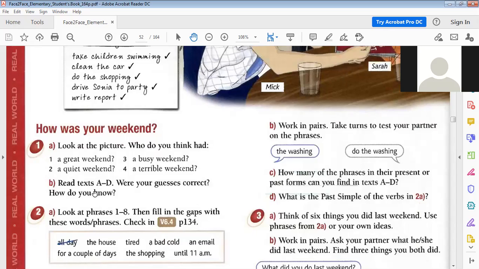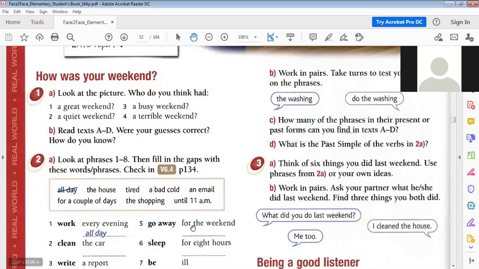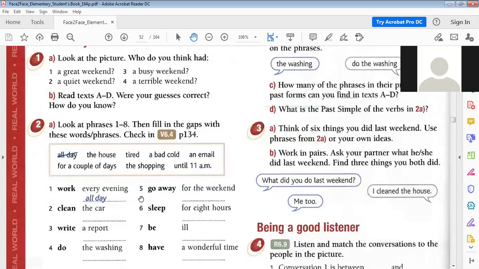يمشي حالها، it's correct، لكن مش نفسها اللي موجودة في القائمة. Work for a couple of days ممكن عمل قصير، ممكن مشروع، خدمة يومين فقط. بس في الأفعال اللي موجودة عندنا، go away.